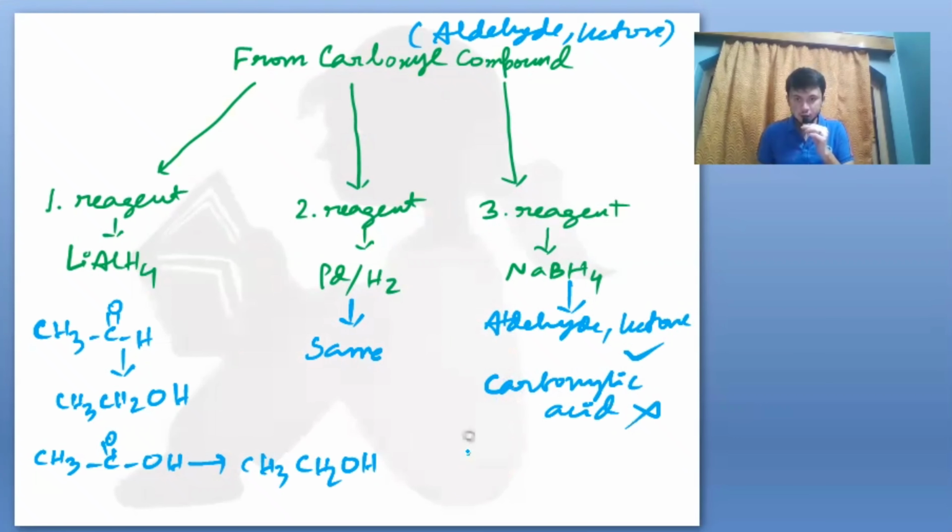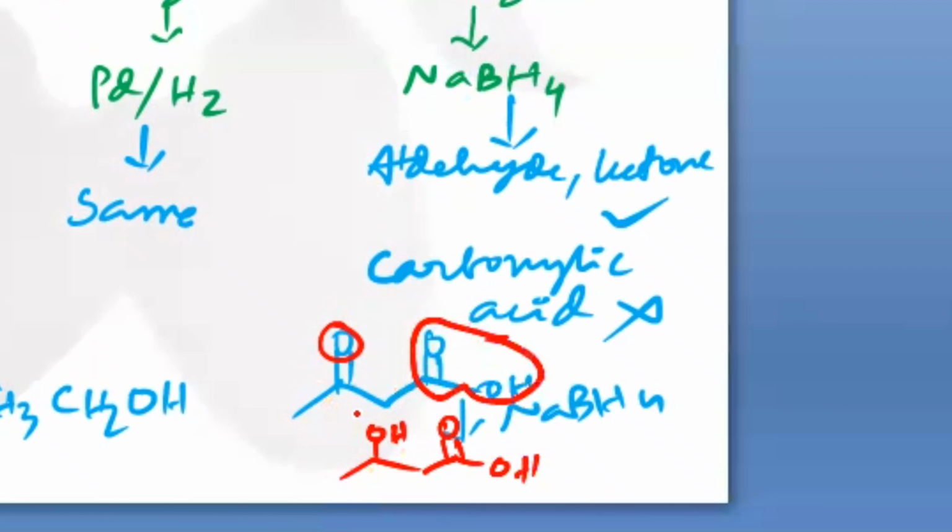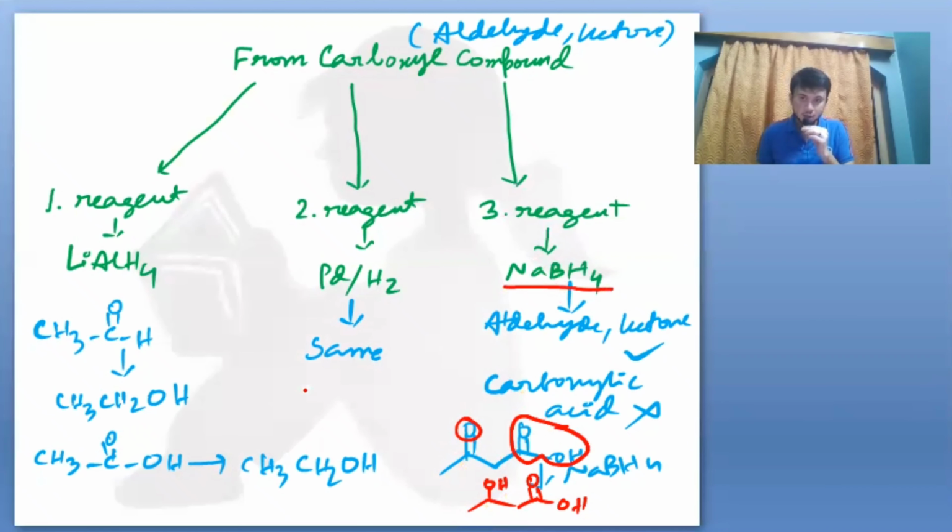So if we take an example here, as you can see, if we give it this NaBH4, as you can see, what I have told you, this double bond will become OH, but there will be no change in this acid group. Okay, so that is how we distinguish the NaBH4 reagent.